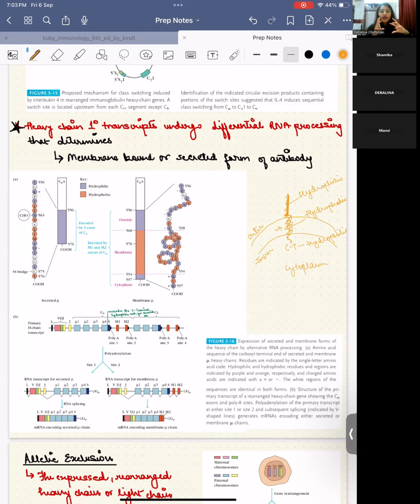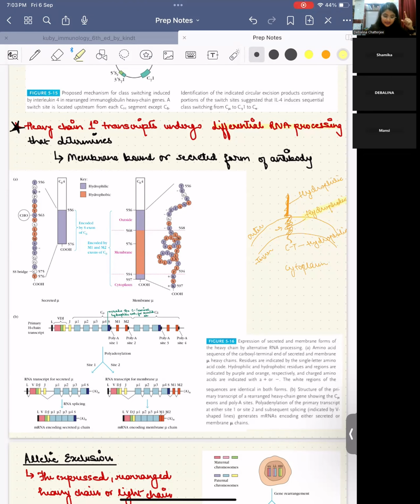Now, if an antibody has to be present in its soluble form, in its secreted form, the RNA, the final RNA transcript that is formed, has undergone a differential RNA processing, because of which it has lost its hydrophobic domain.